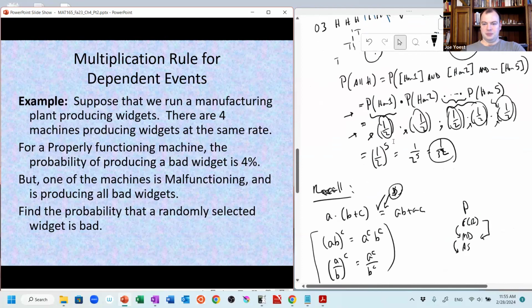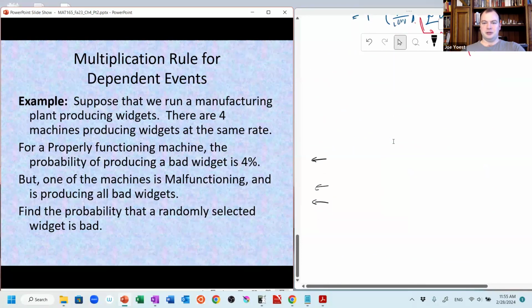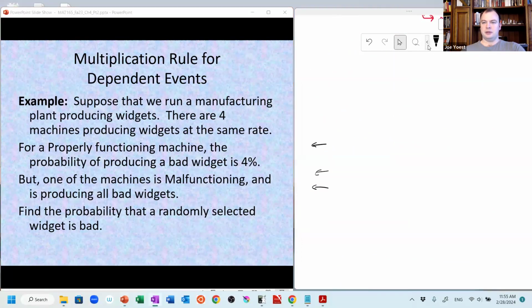So let's look at an example here in the last few minutes. Suppose we run a manufacturing plant producing widgets. The term widget is just like in business, it's kind of like the variable X in math.